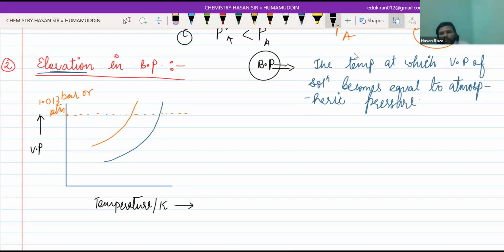If the vapor pressure of the solution is equal to the atmospheric pressure, which is equal to 180, that temperature is called boiling point.